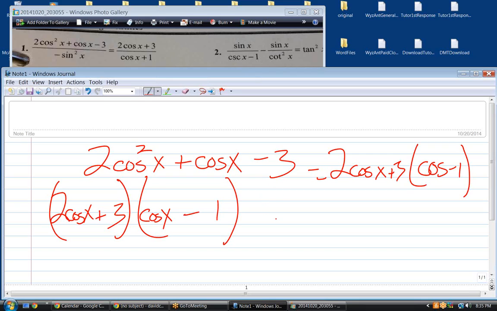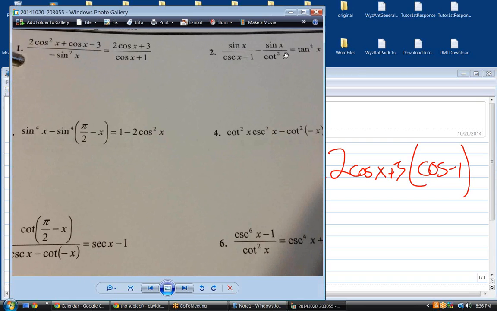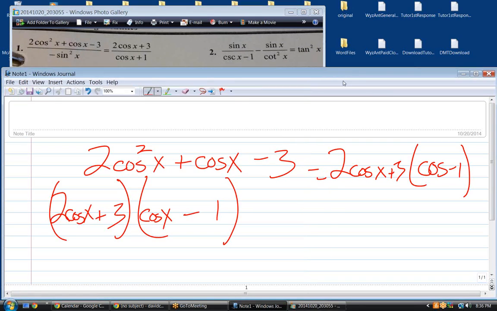Now, in other words, what are we supposed to do here? What are our instructions? Verify the identities. Oh, okay. Because I was going to say, that's what we got on the other side. In other words, after I factored it, I ended up with the same thing I had over there.